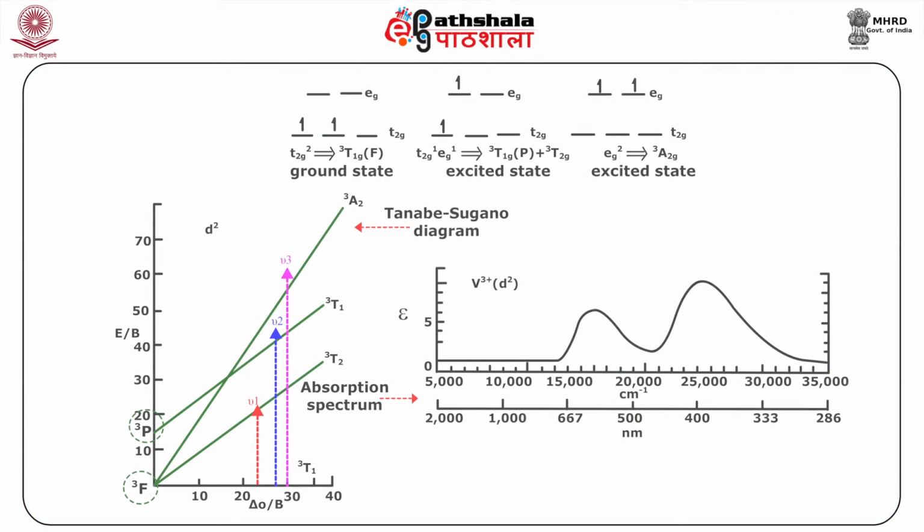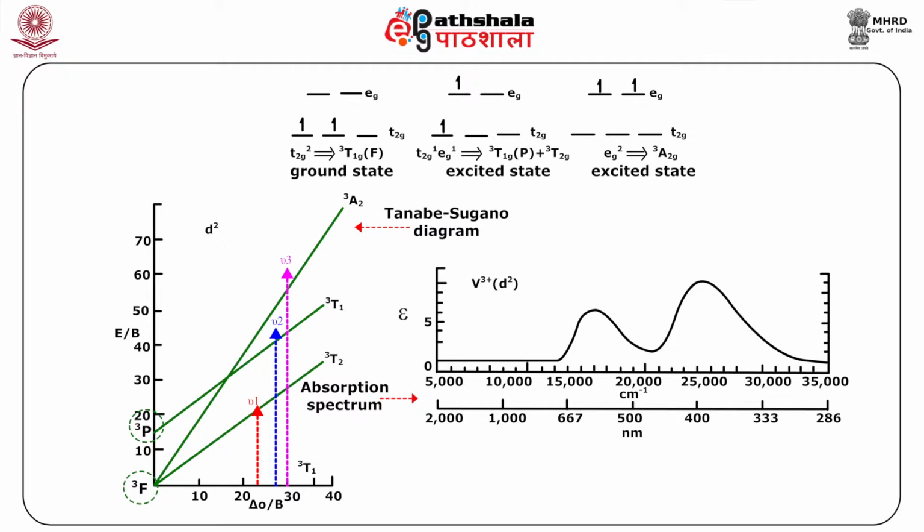For a d2 configuration, the Tanabe-Sugano diagram is a bit complicated in comparison to that of the d1 configuration. In this case, the free ion term of the ground state is triplet F, which splits up into three states of the same spin multiplicity, namely triplet T1g, triplet T2g, and triplet A2g.